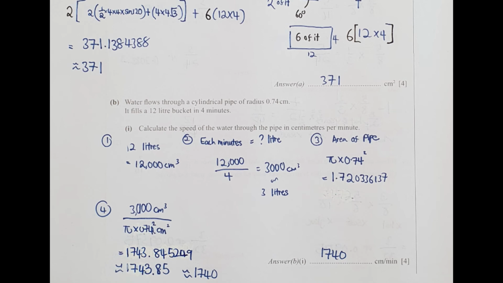So I take 3 liters. I didn't use liters as the unit because they wanted cm over minute. So I put 3000 cm cube over the area. I get it as 1740 cm per minute.